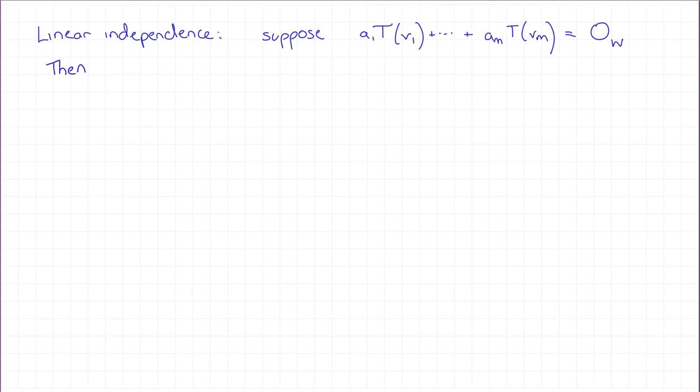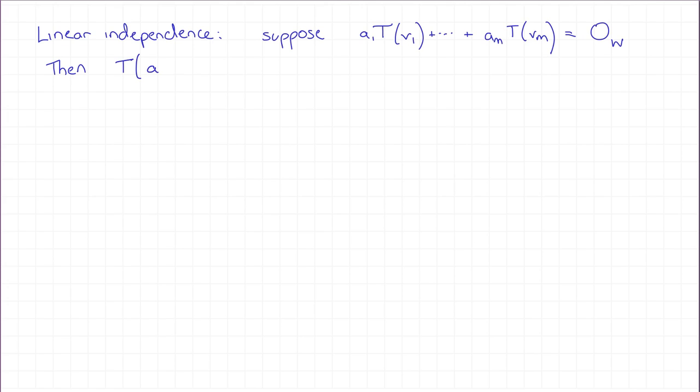Again, we're going to start by using the linearity property. And we're going to use both linearity properties a lot of times, because a1 times T of v1 is the same as T of a1 times v1, and so on. And once we've moved all the scalars inside the argument of the function T, we can also use the fact that T respects vector addition lots of times.